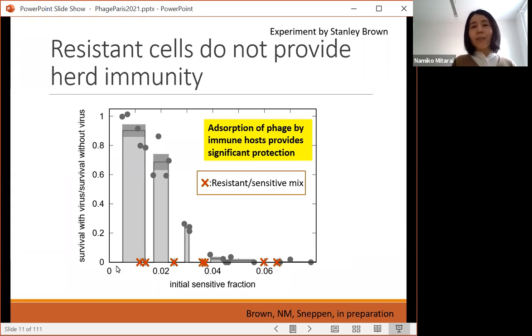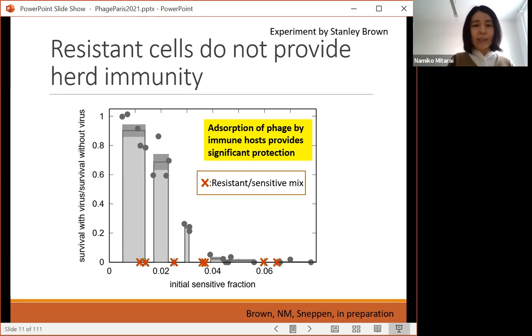Once you see the result, it might be obvious, but this really tells us that the absorption of the viruses by immune cells is very important for herd immunity to play out in the bacterial population. Basically, these lysogens are sucking up the viruses, and that provides very big protection for the whole community.